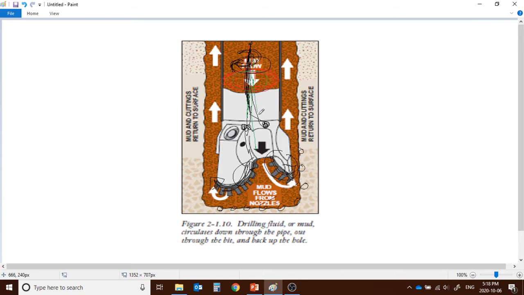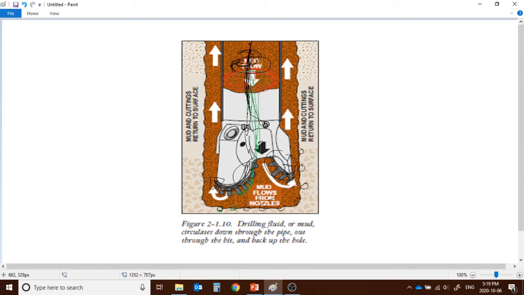Since this is hollow, mud goes inside, and there's a huge fluid pressure, and then the teeth of the drill are moving and cutting down all these rocks and chips.